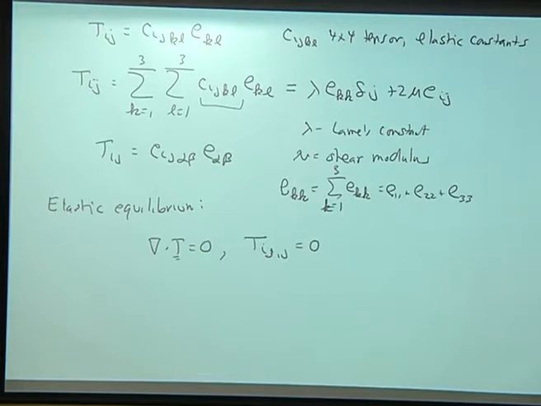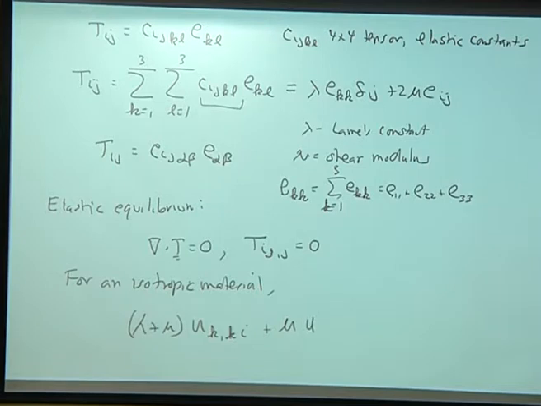And in fact, for an isotropic material, which is the one we're interested in, you just get an equation that relates to second derivatives of the displacement gradients. It looks like that. This is in Cartesian coordinates.